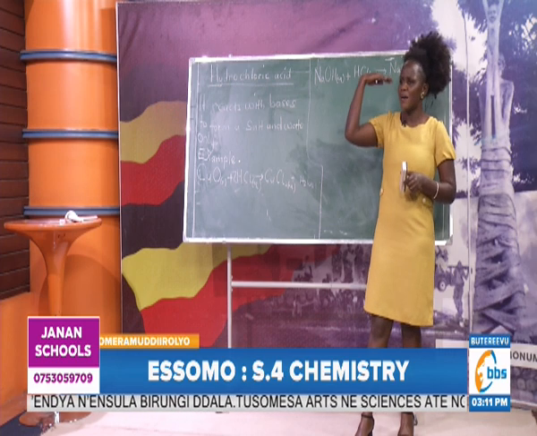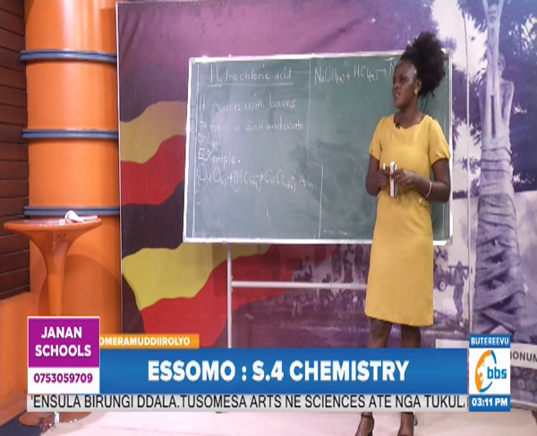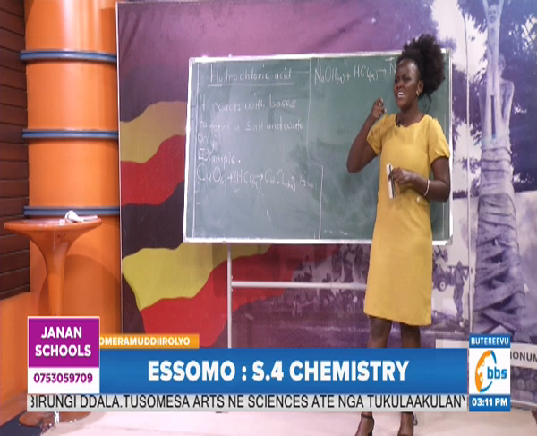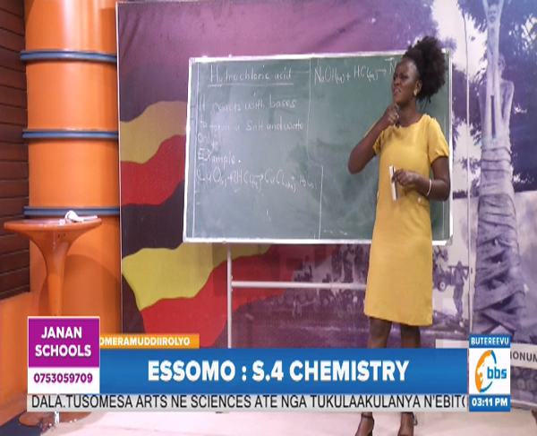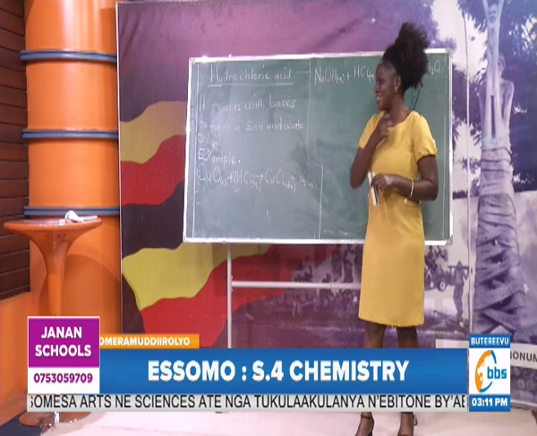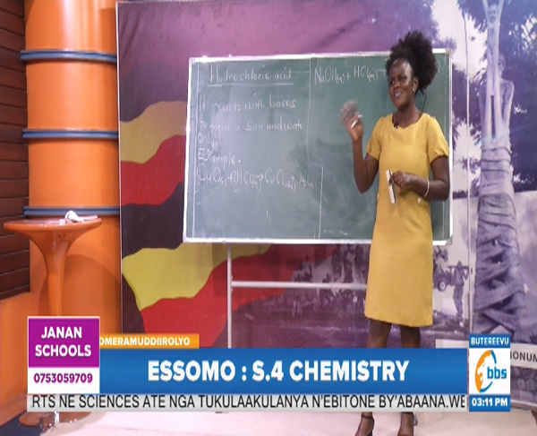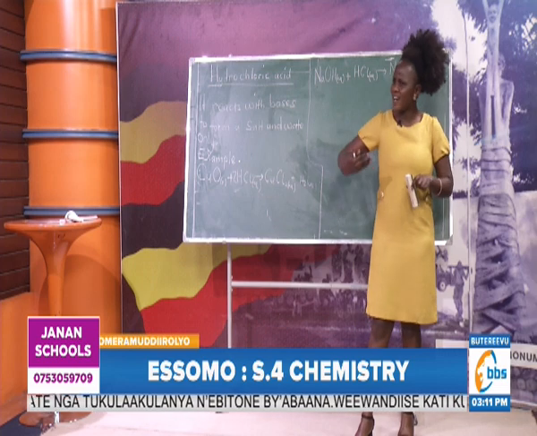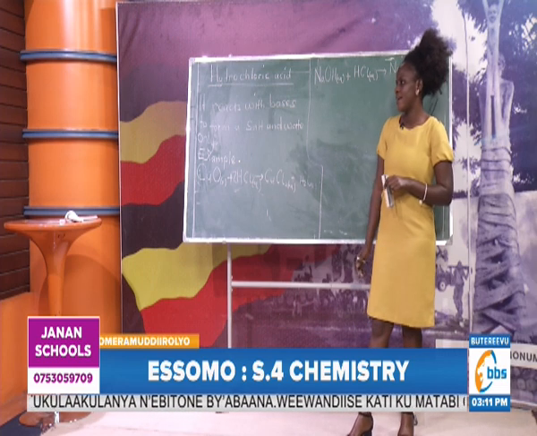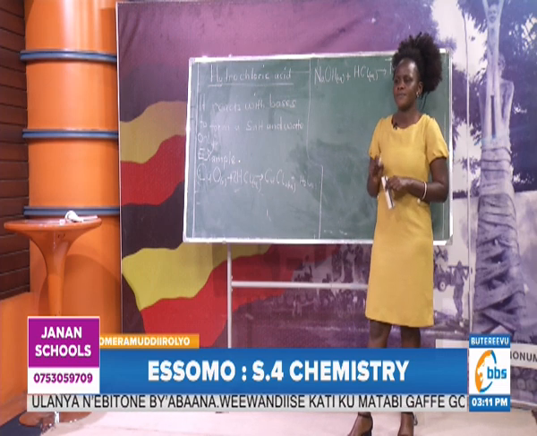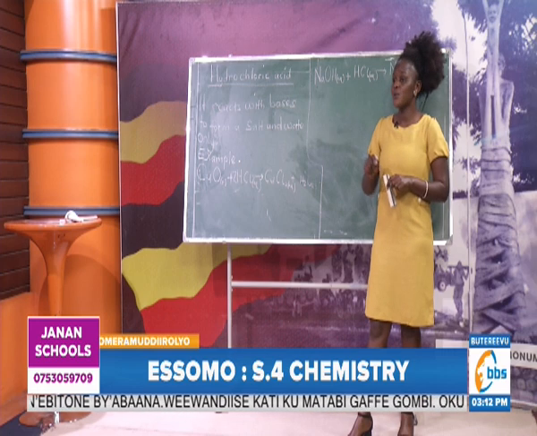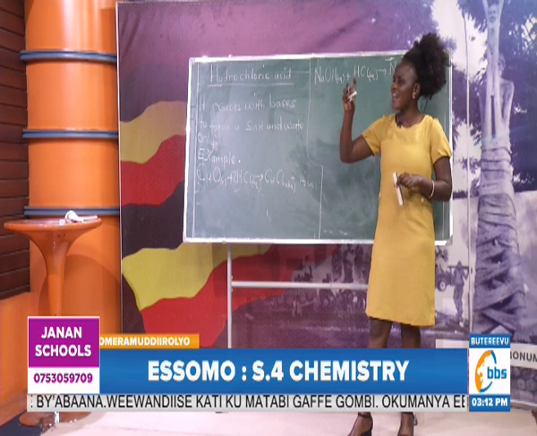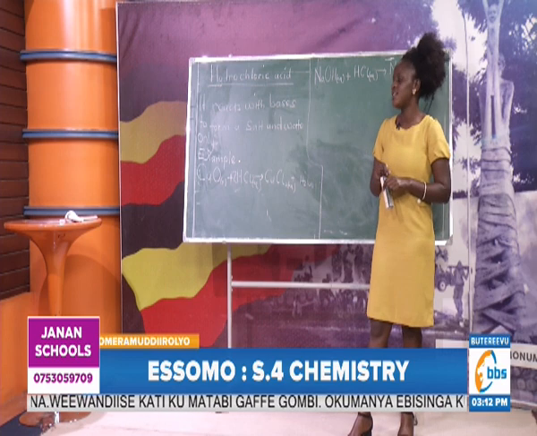Those that are placed at the top of the reactivity series are very, very reactive, or their reaction is very violent. Therefore, we don't normally use them. We use those that are moderately reactive, but those that are below hydrogen cannot be used. So we shall look at the metals that are in the middle of the reactivity series.